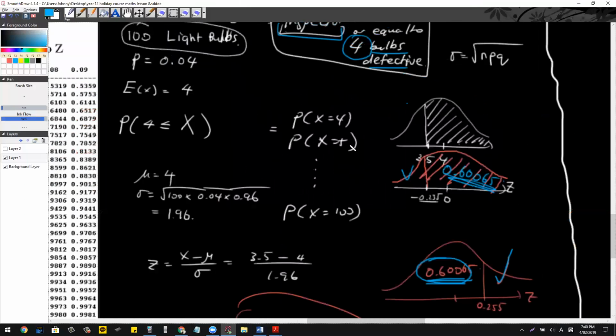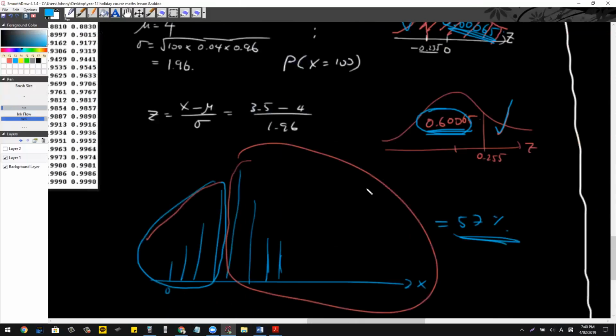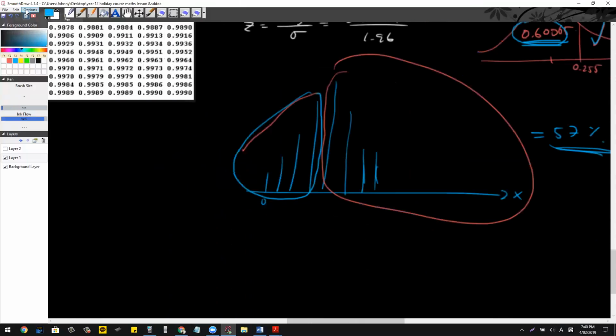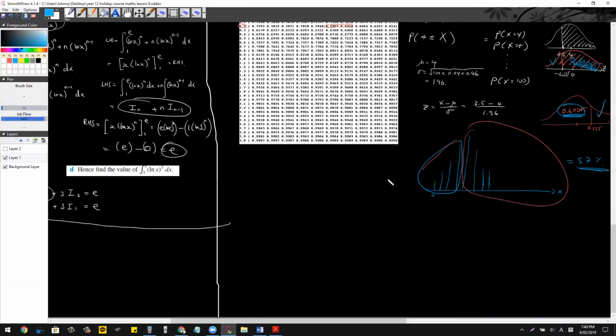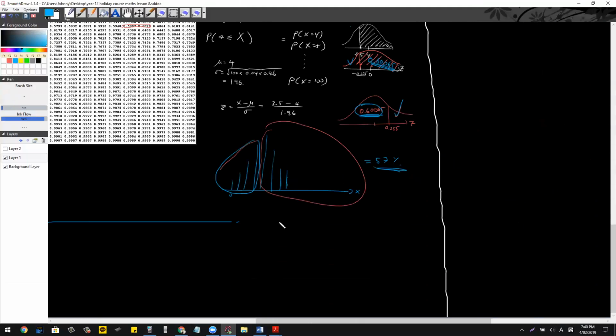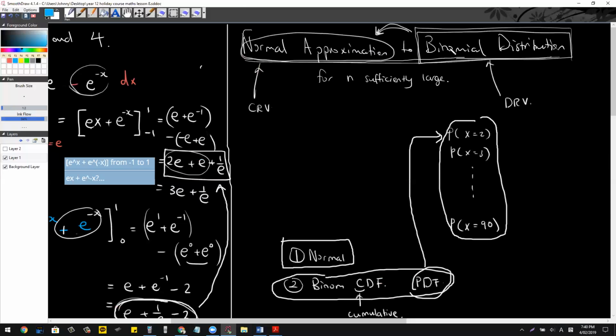But nowadays, teachers are just asking you to tap on the calculator, but you're not learning anything if you just do that. So my recommendation is try to avoid using calculator as much as possible. All right, now let's move on. So that was binomial, normal approximation to binomial.